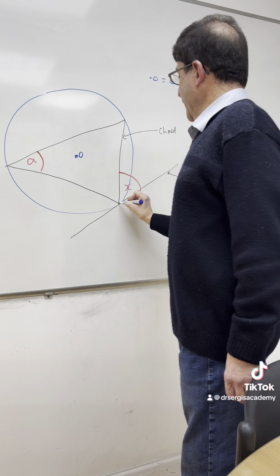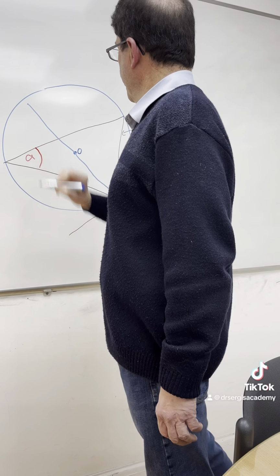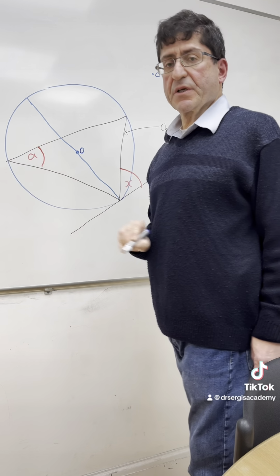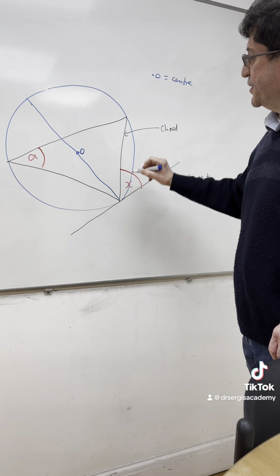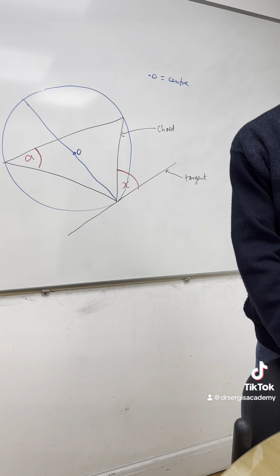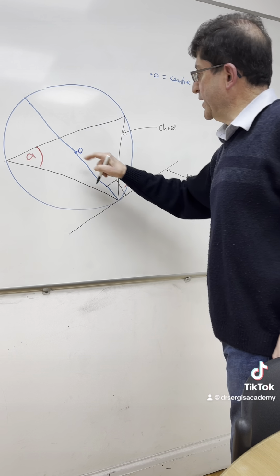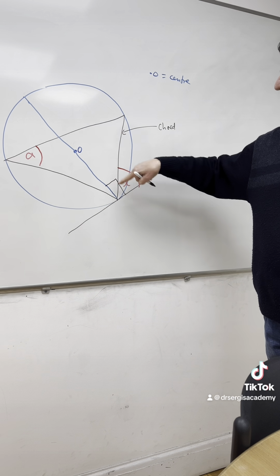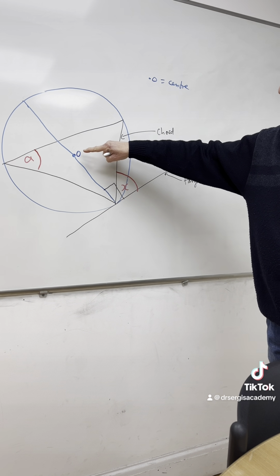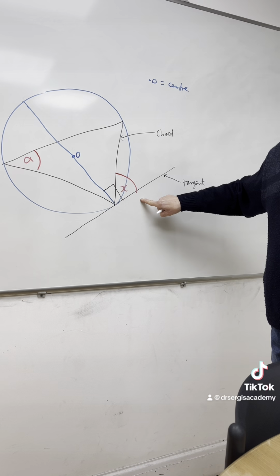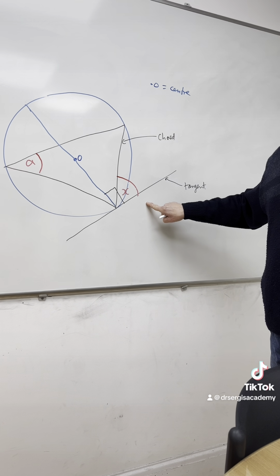Now, we know from my previous circle theorems, which I proved, that the angle between the diameter and the tangent is 90 degrees. Another way of saying it, the radius makes an angle of 90 degrees to the tangent.